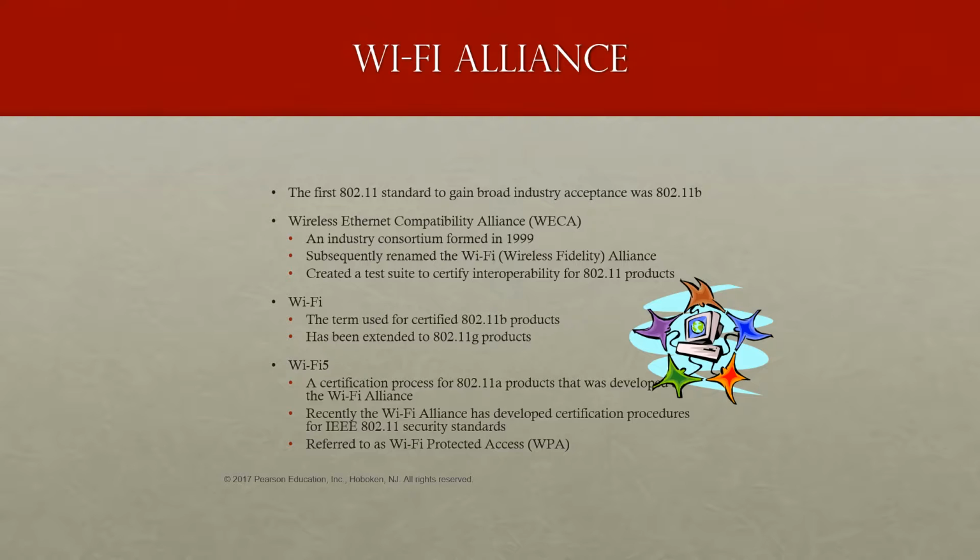More recently, the Wi-Fi Alliance has developed certification procedures for IEEE 802.11 security standards, referred to as Wi-Fi Protected Access. The most recent version is known as WPA2, which incorporates all of the features of the IEEE 802.11i WLAN security specification.